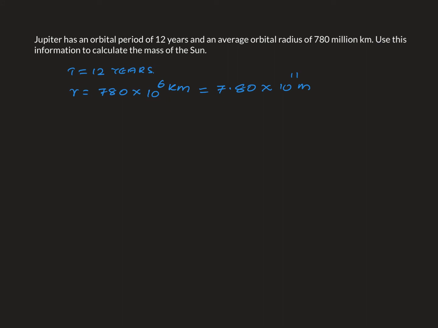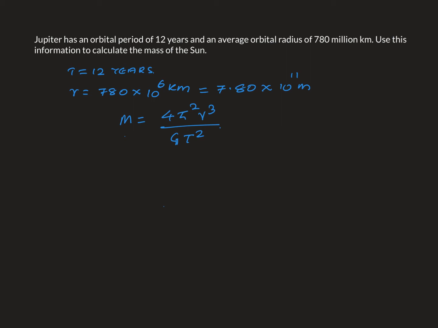If you are given this question, it's important for you to derive the equation for the mass using the steps that we described before. You need to use Newton's gravitational law and the equation for the force to derive the mass.